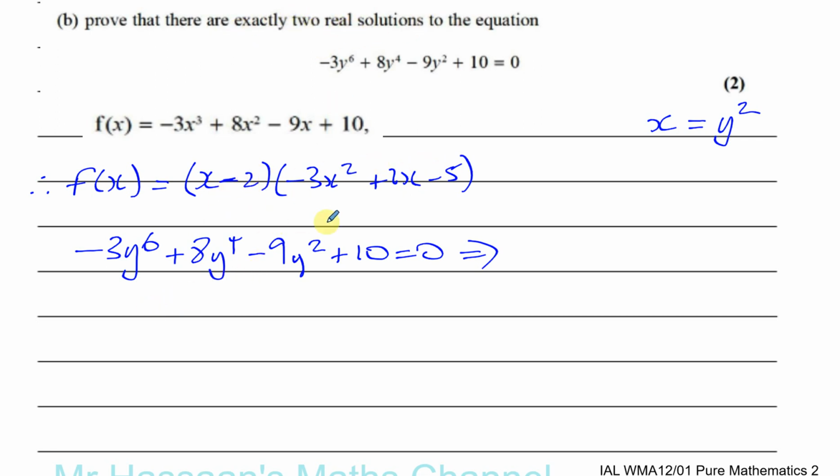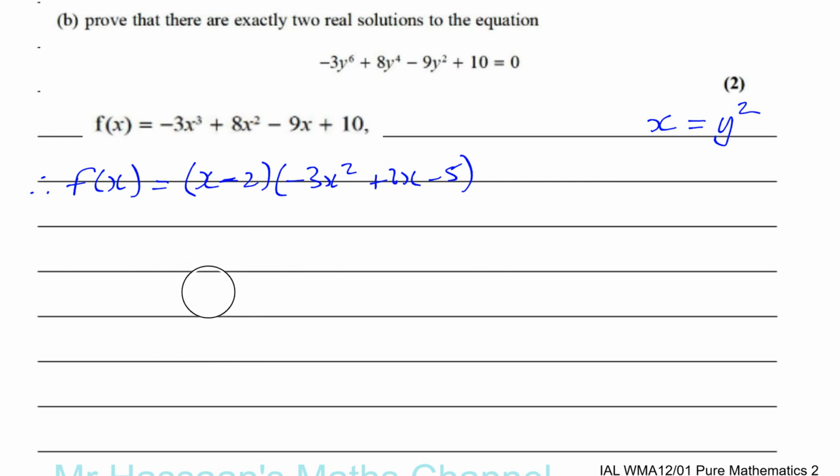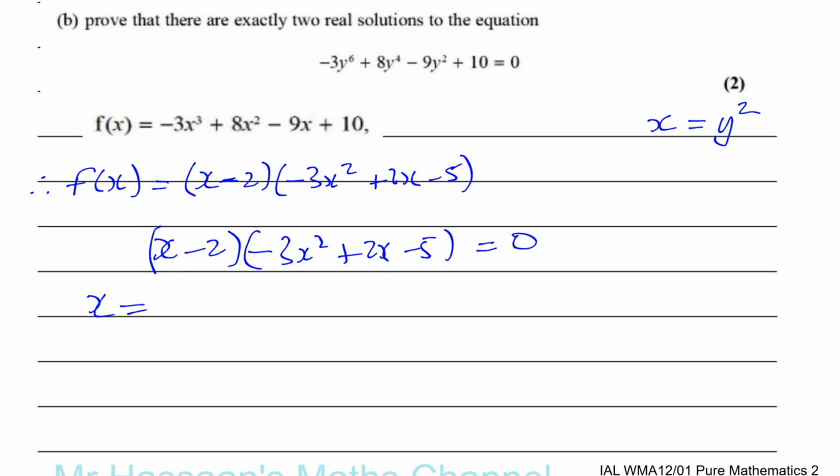So basically x equals 2 would be one solution to this equation. Let me just get rid of that. Sorry, I'm just waffling there. Now, I know if I solve this equation, x minus 2 and minus 3x squared plus 2x minus 5 equals 0, I'll have x equals 2 as one solution, and then minus 3x squared plus 2x minus 5 equals 0.